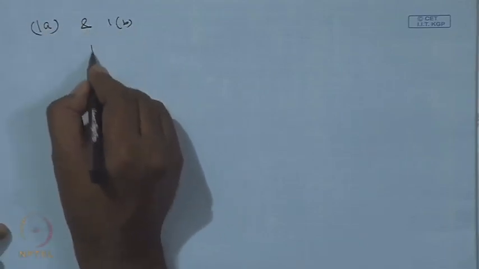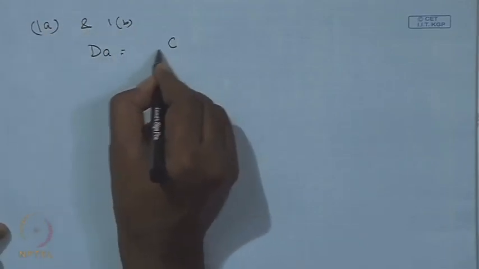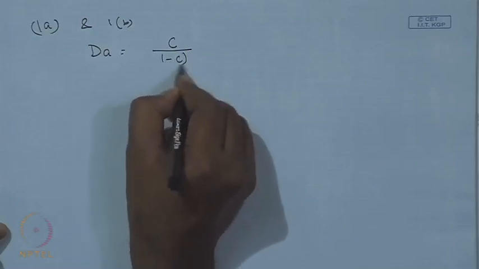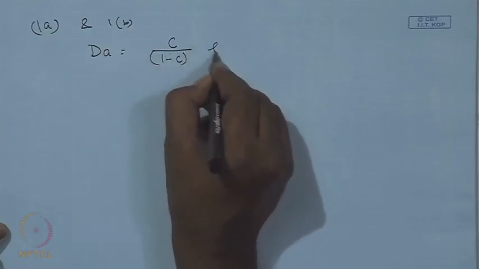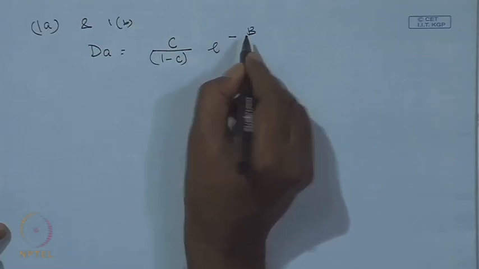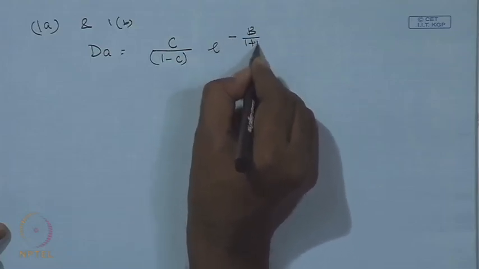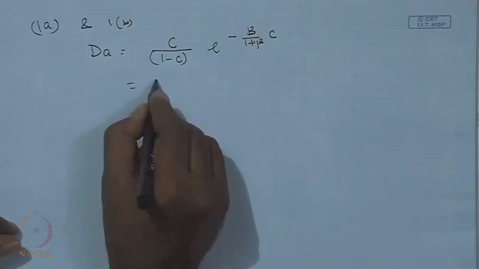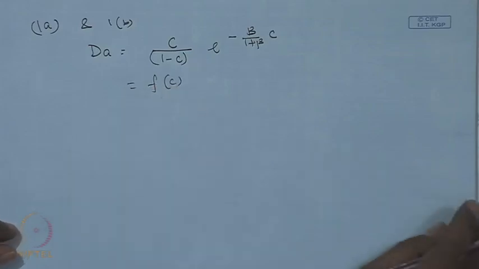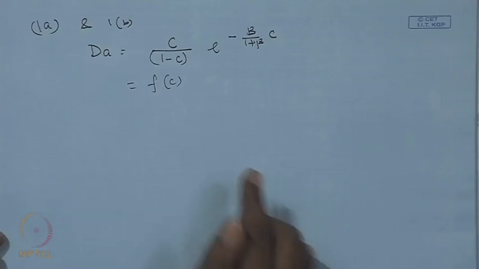So, we can combine equations 1a and 1b and write Da is equal to C over (1 minus C) e to the power of minus B over (1 plus beta) times C. So, this will be a function of concentration only.